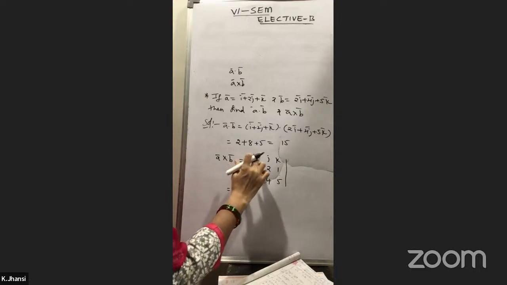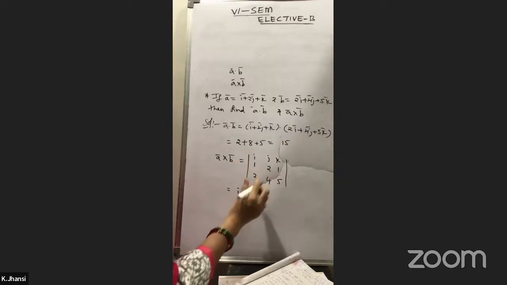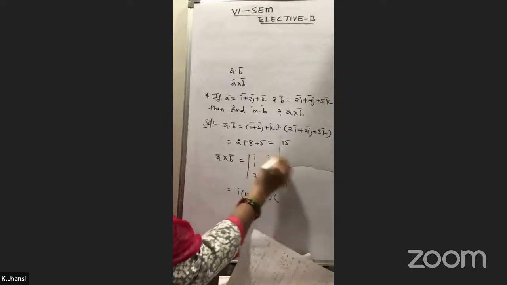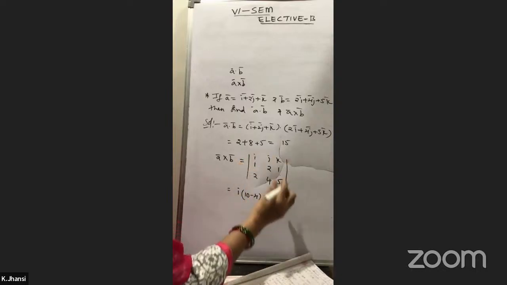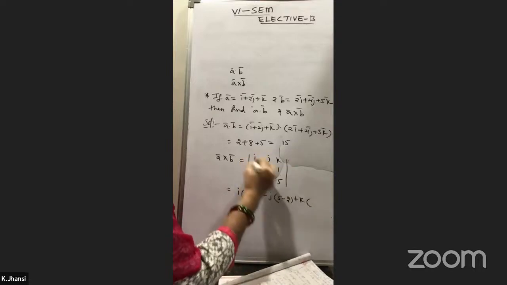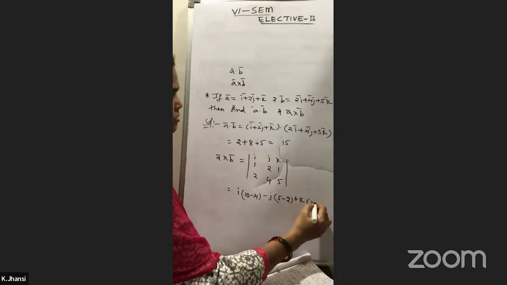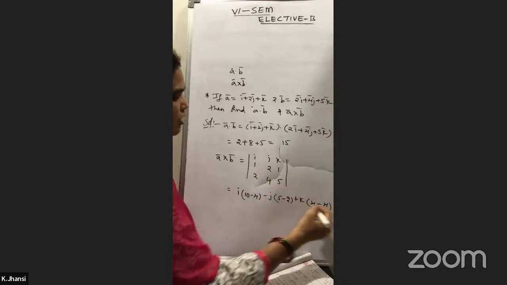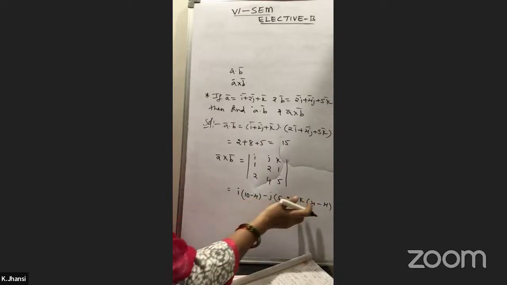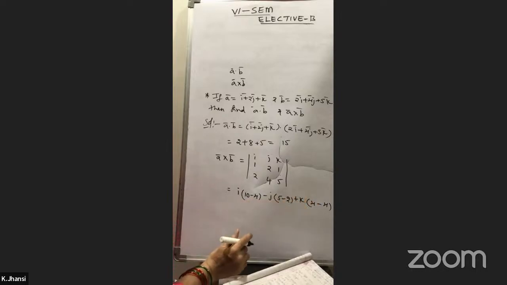If you eliminate this row and this column, 2 5s are 10 minus 4, minus j into 1 into 5 is 5 minus 2, plus k into 1 into 4 is 4 minus 2 2s are 4. So 4 minus 4 means it will become 0 here, so you will not have the k coefficient.